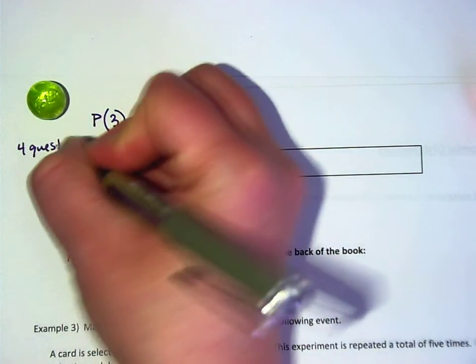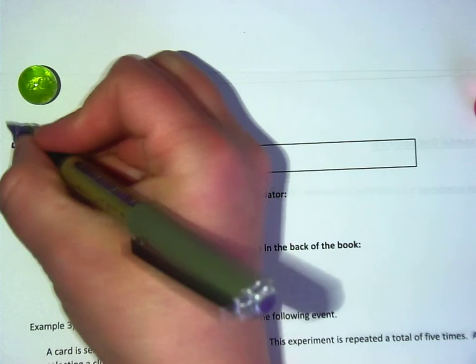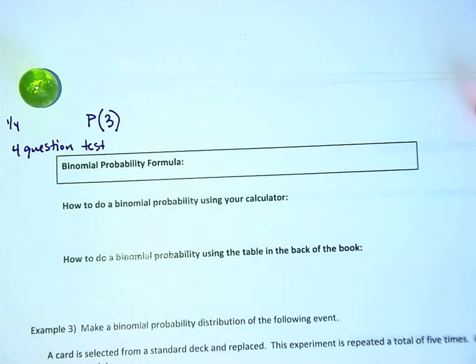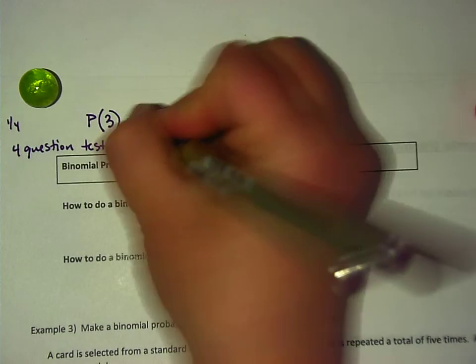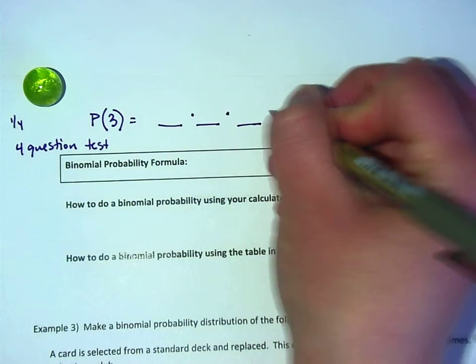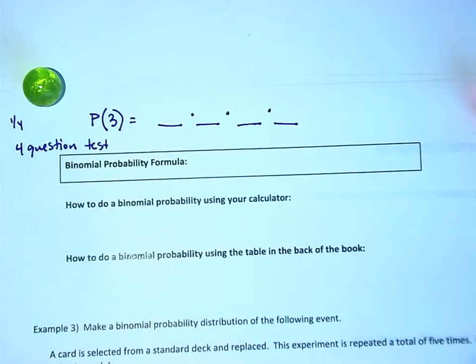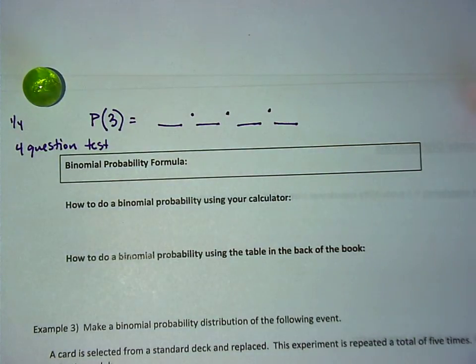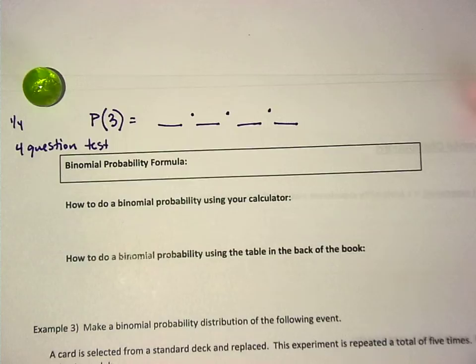So I'm going to help whoever wants to do this. It's a 4-question test. Let's say that you've got a 1 in 4 chance of getting it correct, okay? So there are 4 questions. I want 3 of them right and 1 of them wrong. What are the chances of that happening?